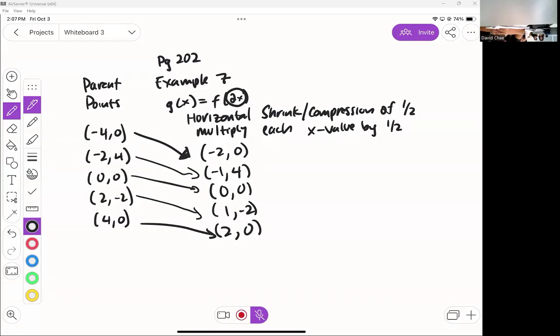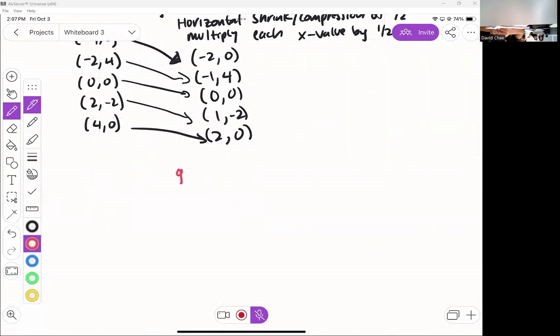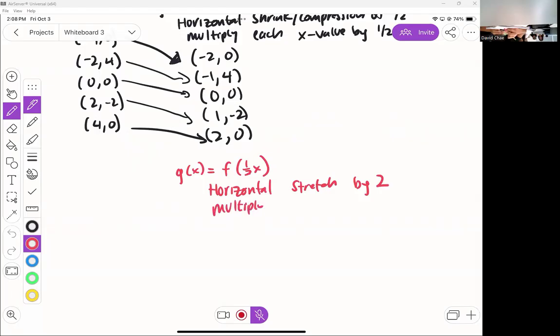What if I did g of x equals f of 1/2x? This is a horizontal stretch by 2, which means I'm going to multiply each x value by 2.